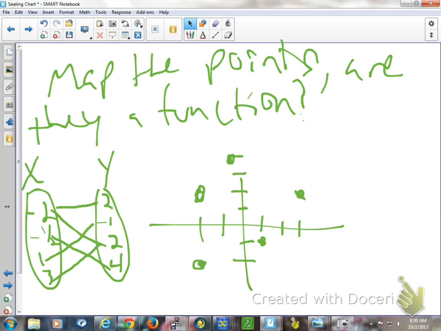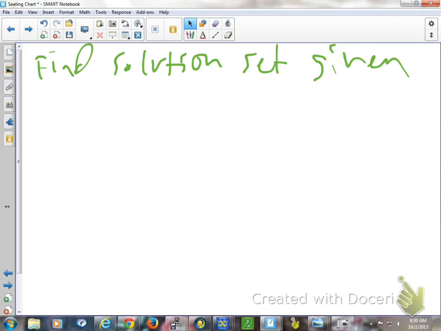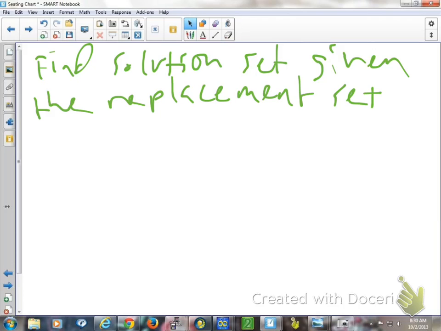All right, number 9. We're almost done. Yay. Well, 2/3 done. It says, find the solution set given the replacement set. Let's see.